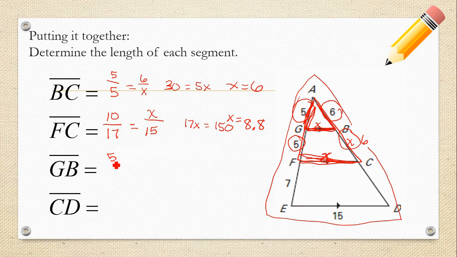So the left-hand side of the tiny red triangle is 5, just like the left-hand side of the really big triangle is 17. The bottom of the little red triangle is x, just like the bottom of the big triangle is 15. And we get 17x again equals 5 times 15. So if we go ahead and calculate that in a calculator here, just double check, 75, and then I divide by 17 again. Do not fear. Yep, you get 4.4.